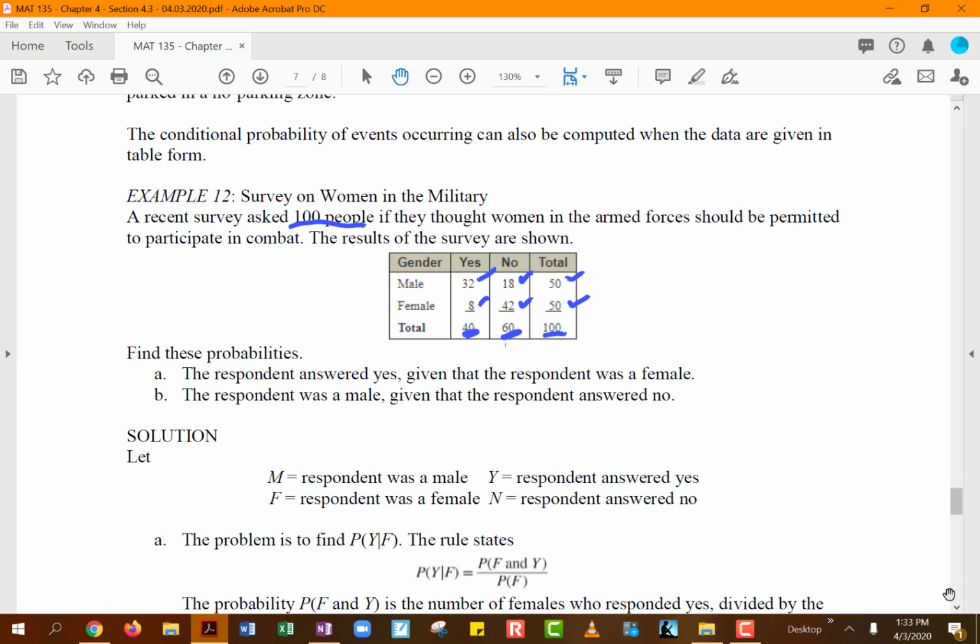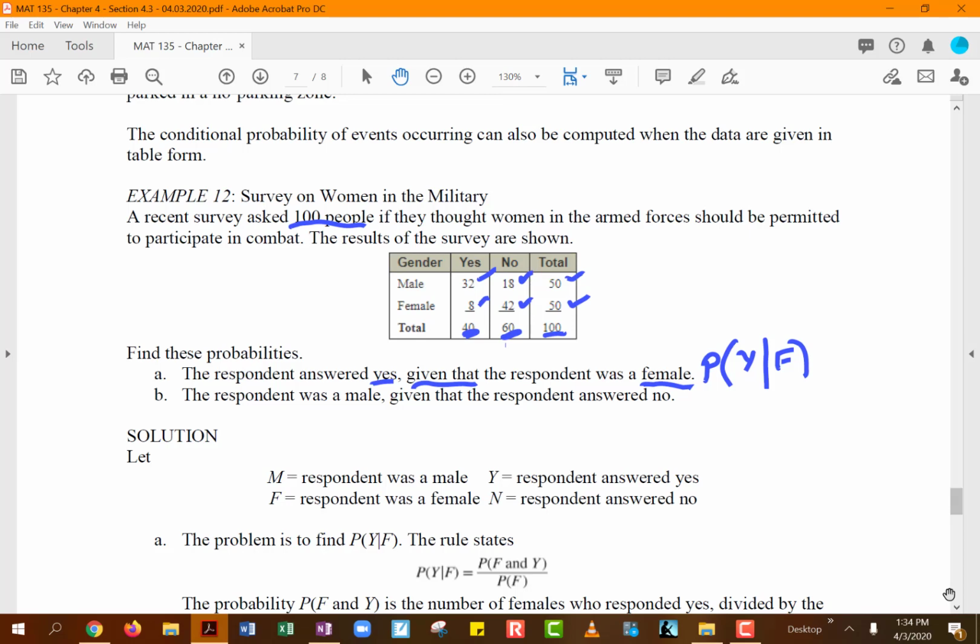All right, so you are looking at finding the probabilities that the respondent answered yes, given that the respondent was female, right? So this is your conditional probability. So they are saying, what's the probability that the person said yes, given that they were female?